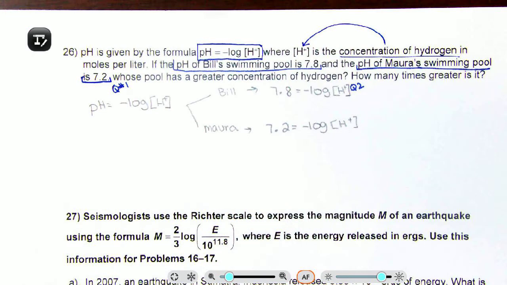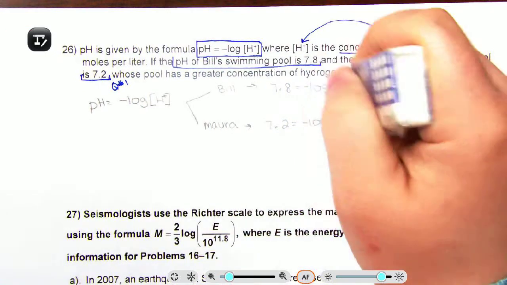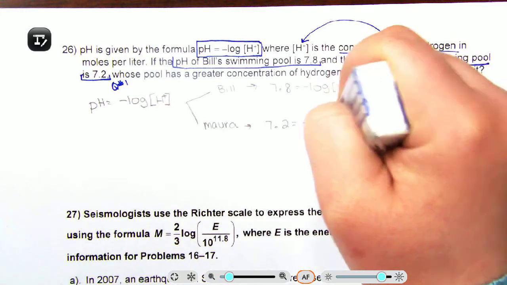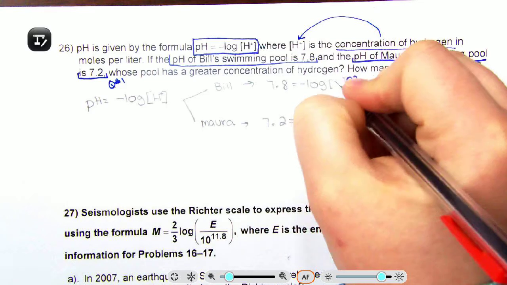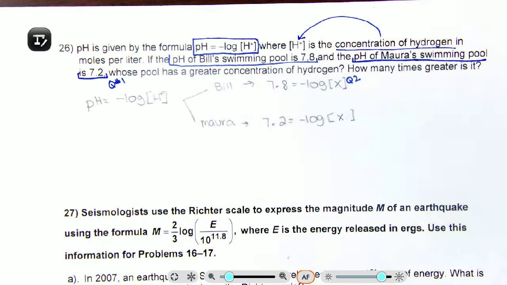Now, I knew there was going to be an eraser involved. I'm going to take my H away and put in an X. I'm so used to x's and y's that just seeing that H gives me anxiety, so I'm going to change the variable. I'm okay if you do that, as long as you know that in the end, the x also represents the concentration of hydrogen.